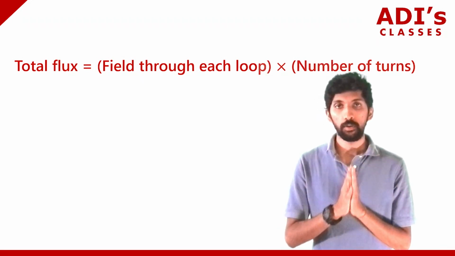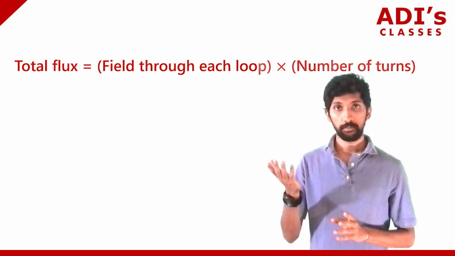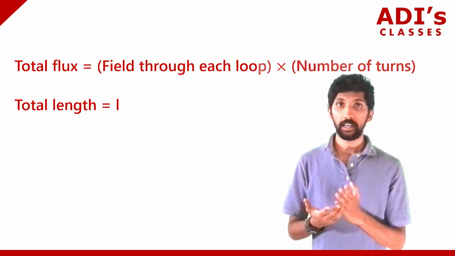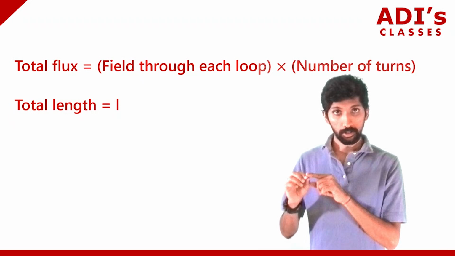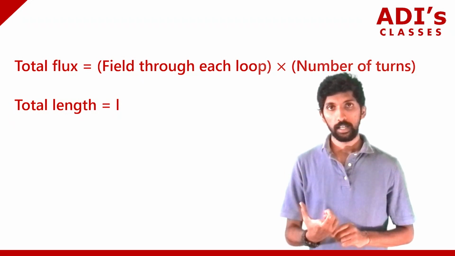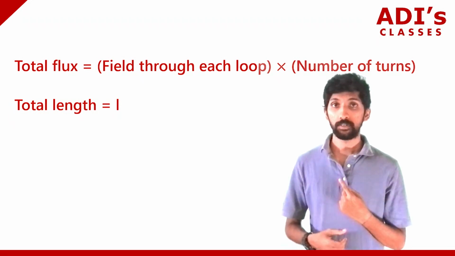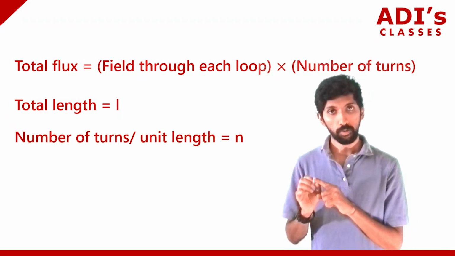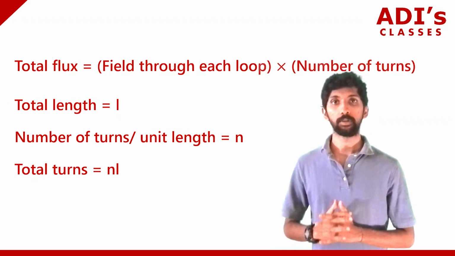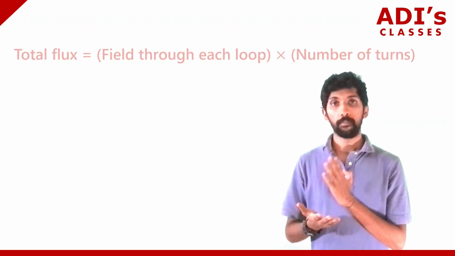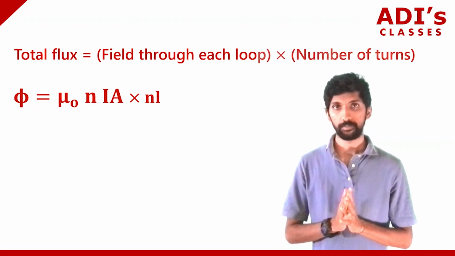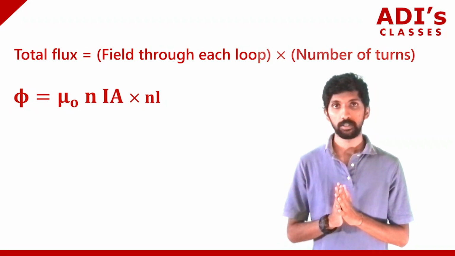The magnetic flux through one loop is given by μ₀niA, and for the total number of turns, the total length is L, and if there are n turns per unit length, then the total number of turns will be nL. So we come across this equation, φ = μ₀niA · nL. This will be the total flux.